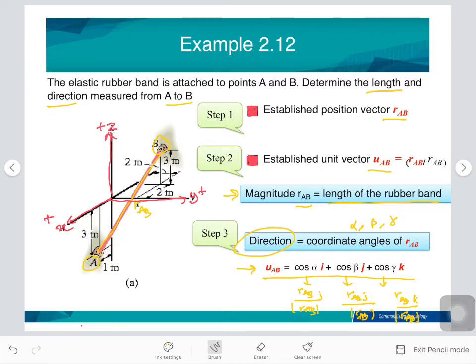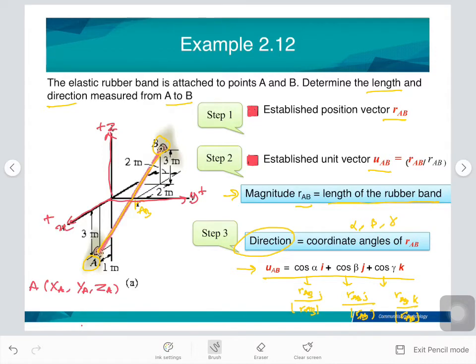So for coordinate A, you need to determine XA, YA, and ZA.